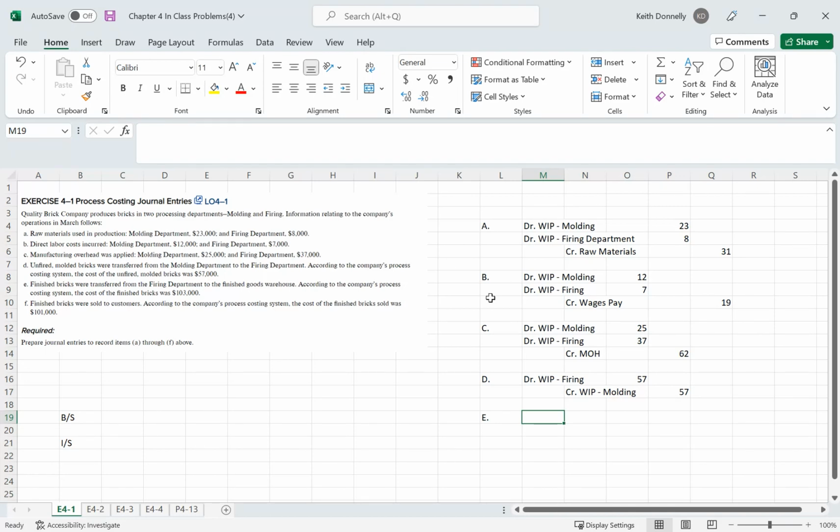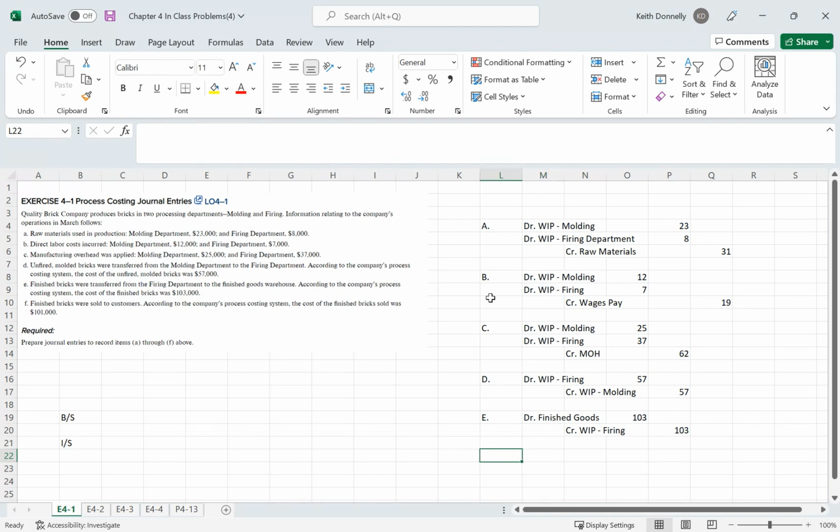We were finished with making the bricks. We put them in finished goods now. So what we're going to do in this case is debit our finished goods and credit our WIP from our firing department. The cost, according to the records, was $103,000.